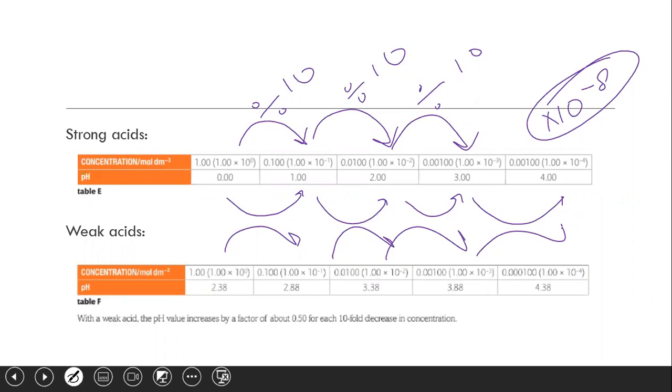But it is not increasing as much as it was for the strong acid. In the strong acid, the change in concentration produced a greater change in the pH value. For the weak acid, the change in concentration produces a smaller increase in the value of the pH.